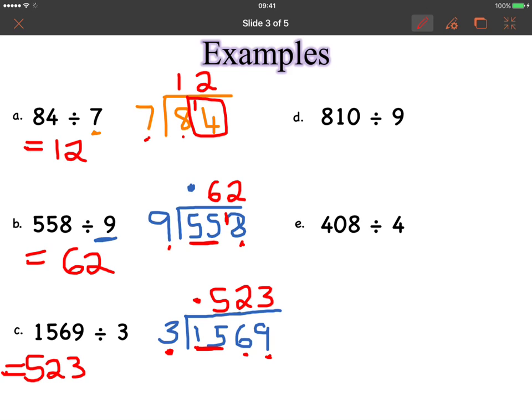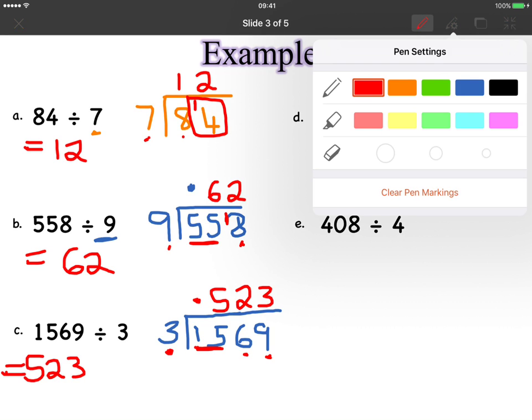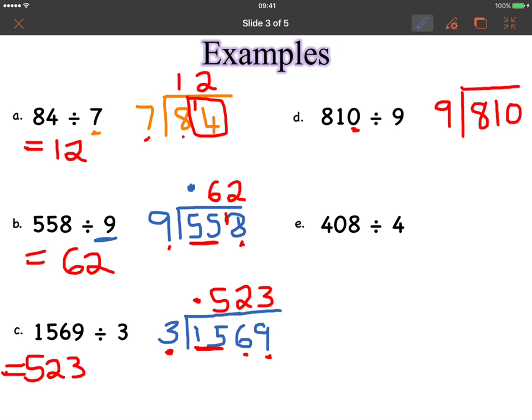When I look at question D, I see a 0 here. Now, if you think about how many 9s can go into 0, well, 0 of them. So let's have a look at what the answer would be. If I've got my 9 on the outside, and I've got 810 on the inside, 9 goes into 8.